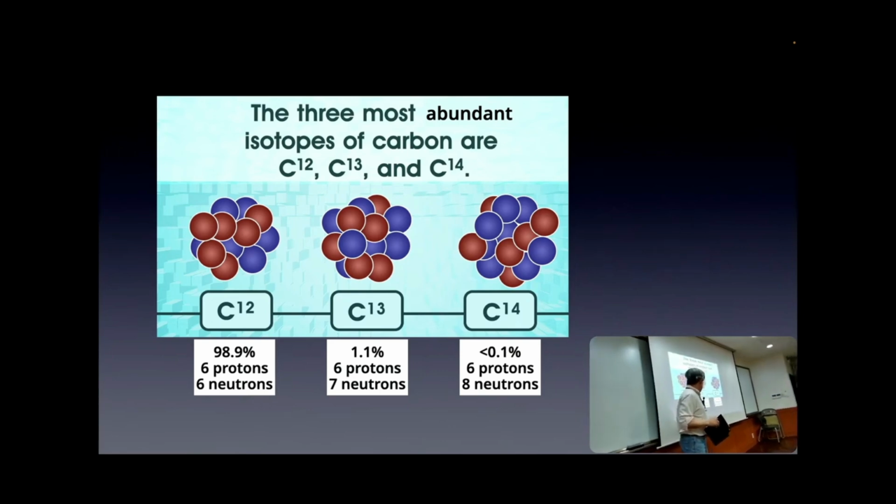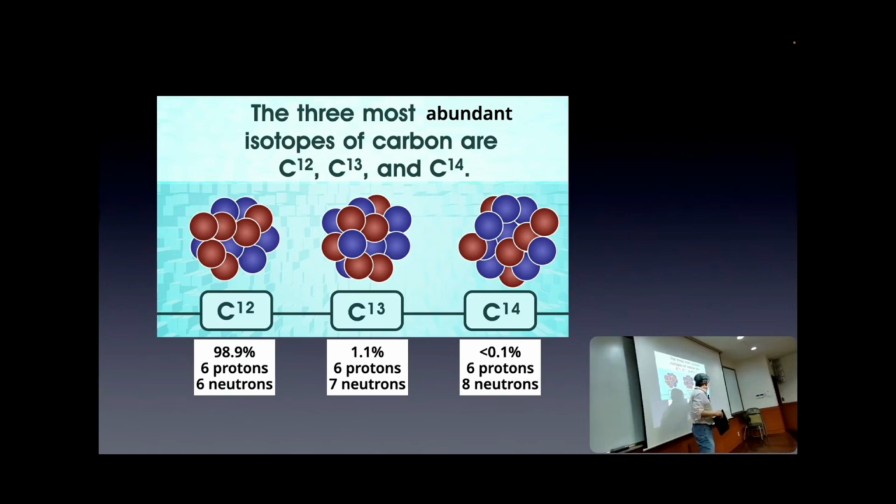However, another isotope of carbon, we call that C13, is very rare, only 1.1%. It has one more neutron. That's why its atomic mass becomes 13 instead of 12. Okay, 6 protons and 6 neutrons, versus 6 protons and 7 neutrons.